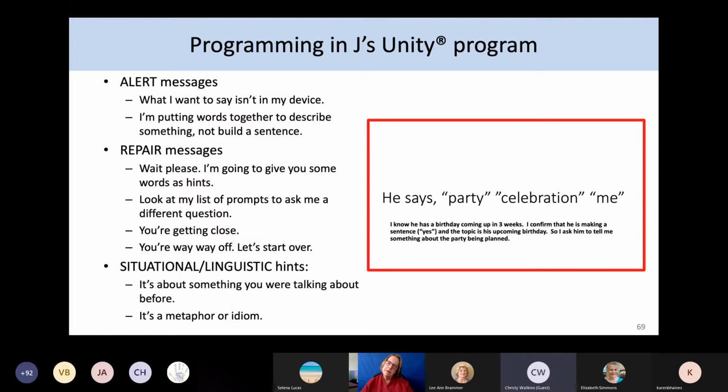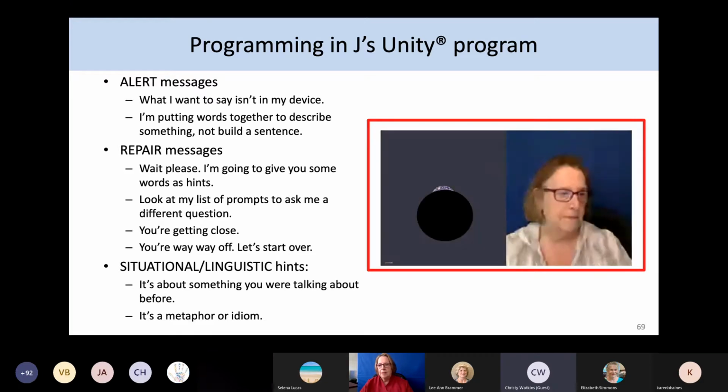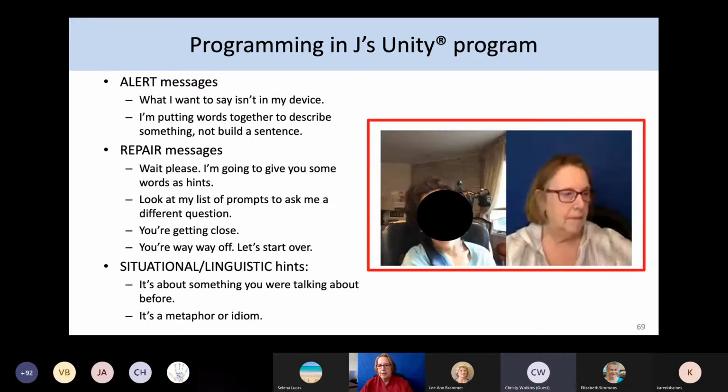I know he has a birthday coming up in 3 weeks, so I confirm that he is making a sentence, and he says yes, and the topic is his upcoming birthday. So I ask him to tell me something about the birthday party being planned. Repair. Spell. And we're working virtually. Not meant.